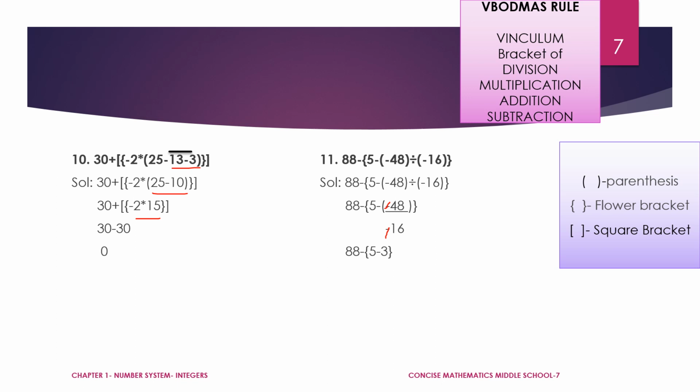So here we are solving only this division which is there in a flower braces. Now inside this flower braces you have 5 minus 3. Inside this flower braces you don't have any division or multiplication. So you have to do only subtraction. Then you get 88 minus 2, and 88 minus 2 is 86.